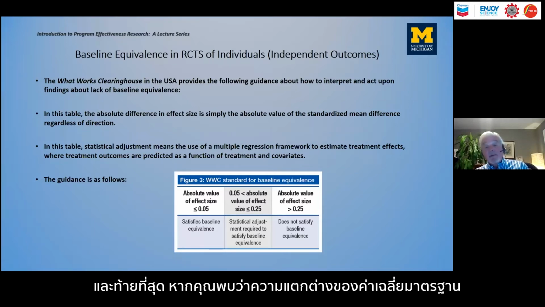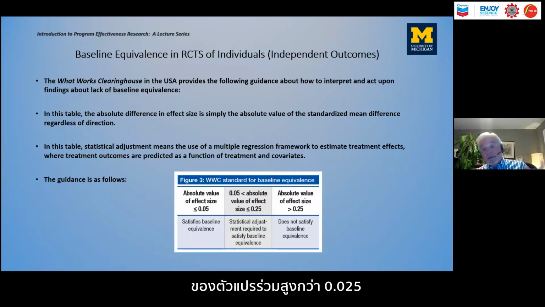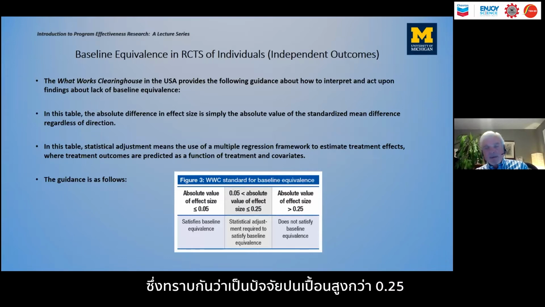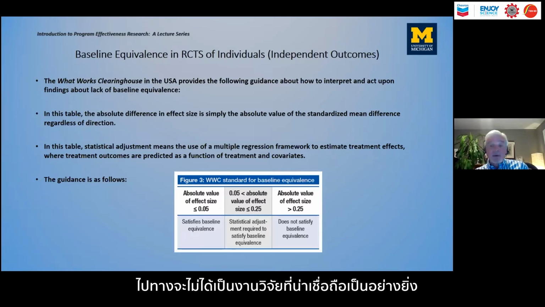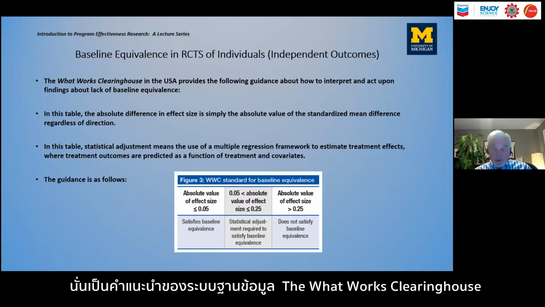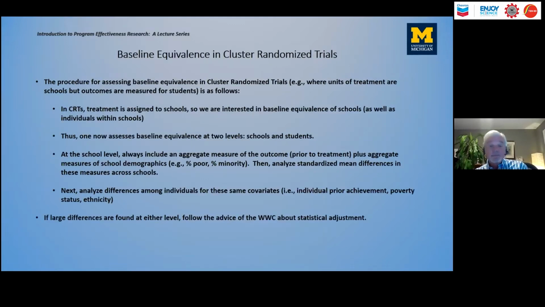And finally, if you're finding standardized mean differences on covariates known to be confounders greater than 0.25, your study is verging on not being a particularly trustworthy study. That's the What Works Clearinghouse guidance.